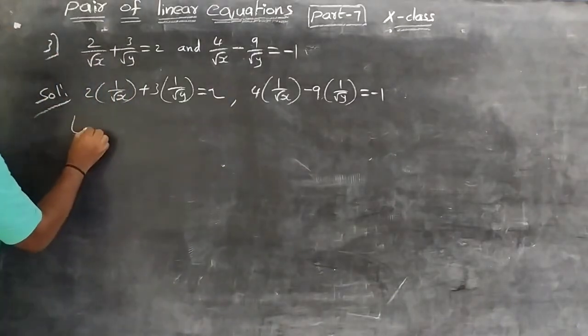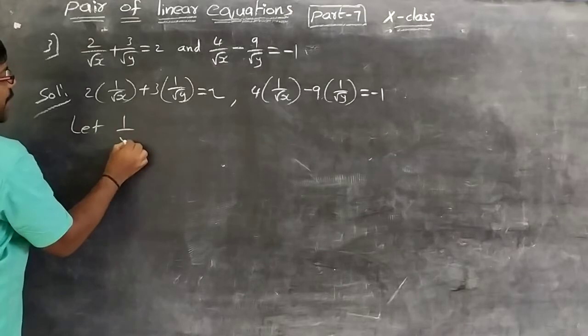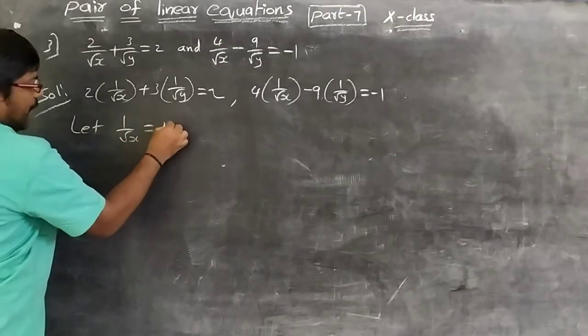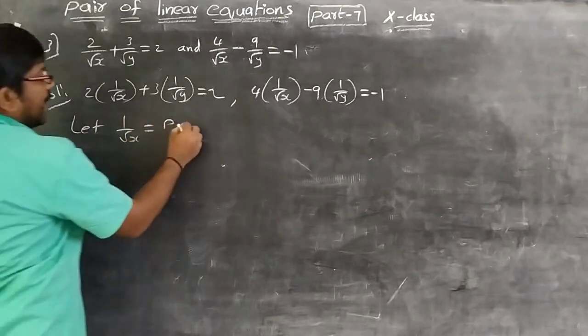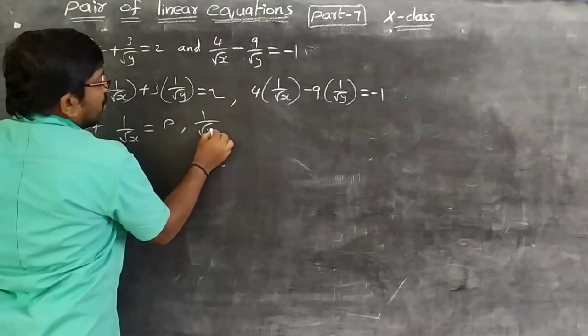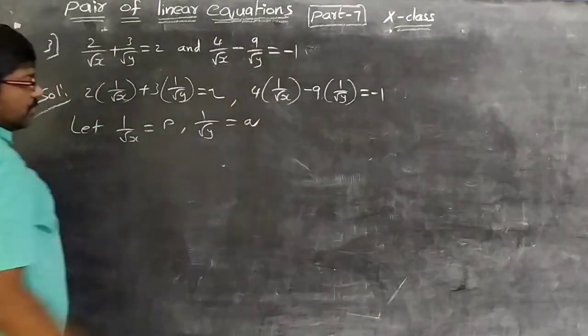Now, let 1 by root x equal to p and 1 by root y equal to q.